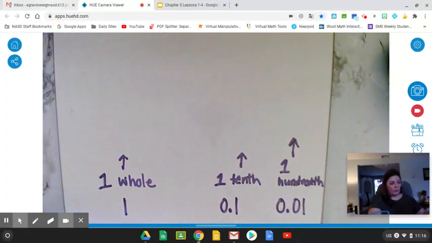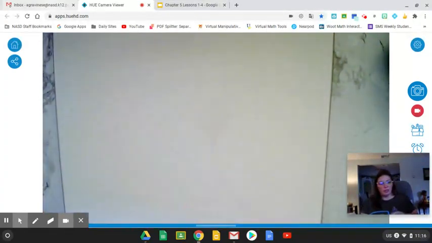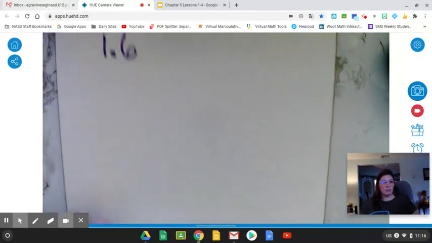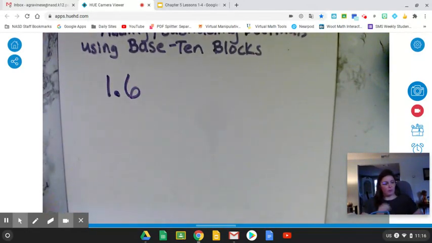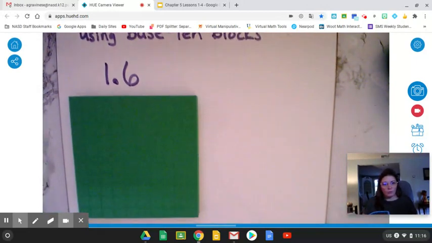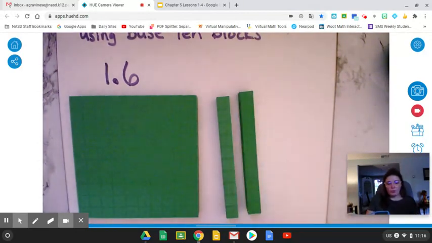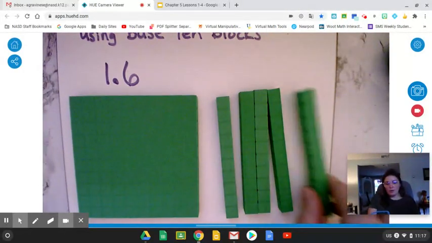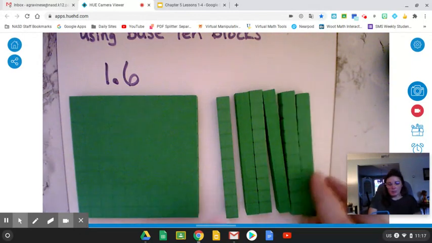So let's look at how we can build some decimals and then add and subtract them. Let's start off building the decimal 1 6/10. To do this, I will need one whole and then 6 of the tenths. 1, 2, 3, 4, 5, 6.